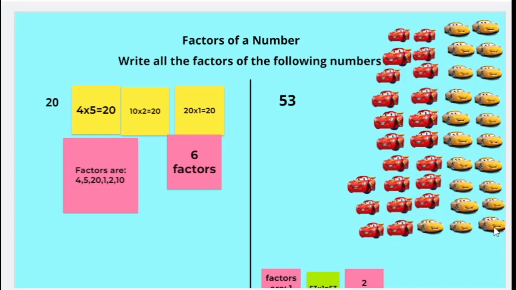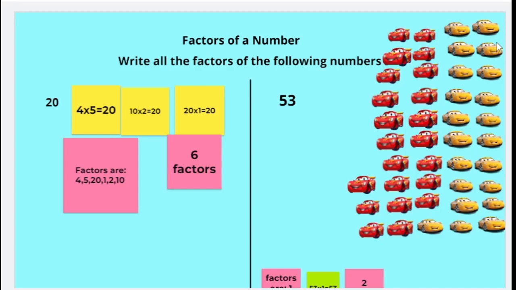This is one set of 2 here, another set of 2, another set of 2 here. They're in groups of 2. As I put the arrow, you can see one set of 2, 2 yellow cars, 2 red cars in groups of 2 here. All right.